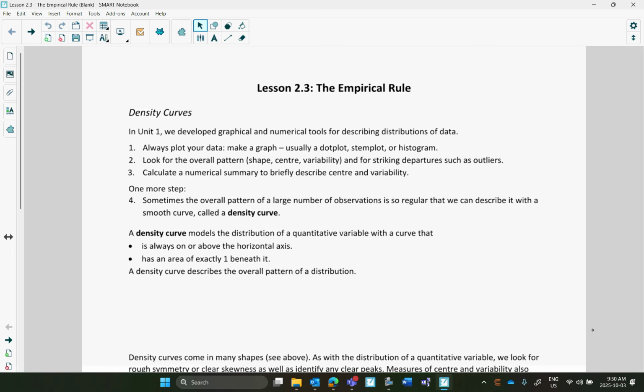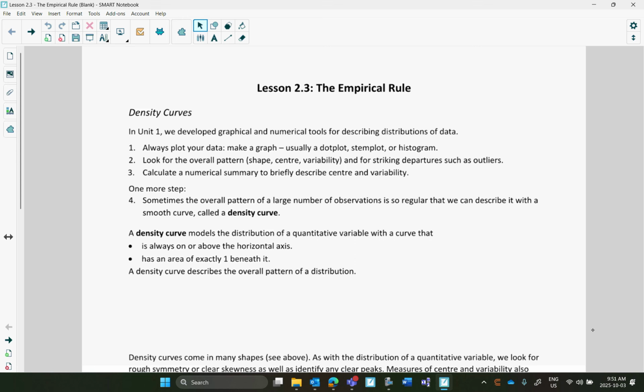And then, of course, analyzing it, we use SCIVO: shape, center, variability, and outliers. Often a numerical summary accompanied the graph that had the measures of center and variability in them.